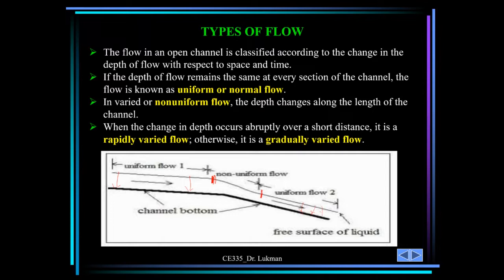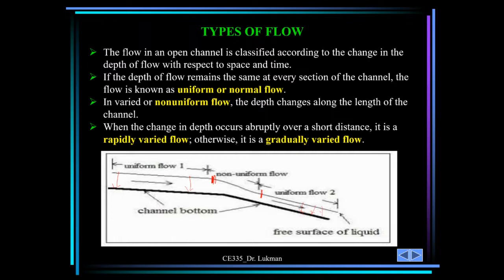rapidly varied flow. For instance, when you have certain change in the section, sudden obstruction in the flow direction, or sudden change in the bed slope. So all this will affect the flow parameters. They will affect the depth of flow, and whether it will become rapidly varied flow or gradually varied flow.